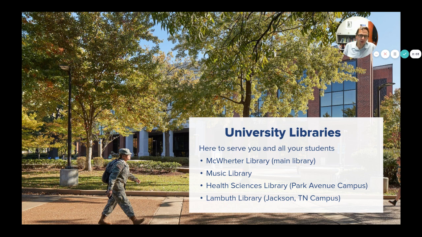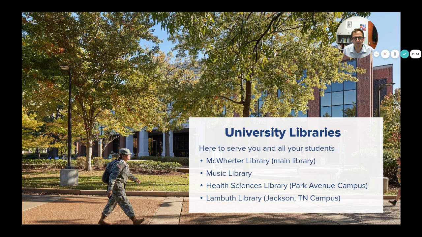Additionally, we have branch libraries for the School of Music at this university. Also the Health Sciences Library, which is over on the Park Avenue campus. And as you may be aware, we also have a satellite campus out in Jackson, Tennessee, at the location of the former Lambuth College. So we have the Lambuth Library there on campus.